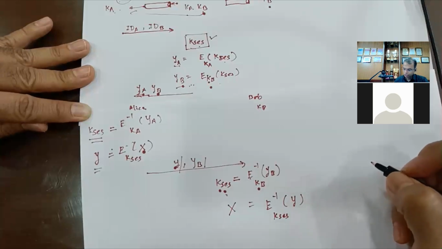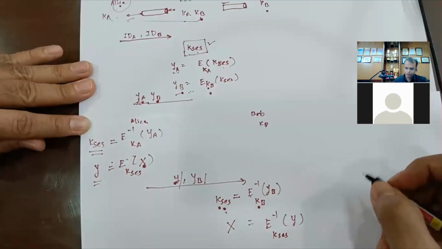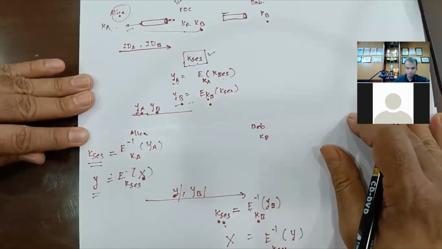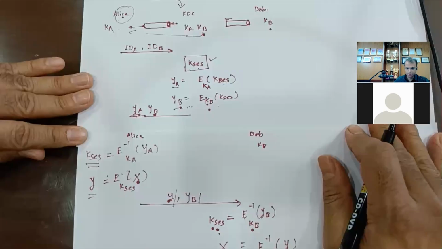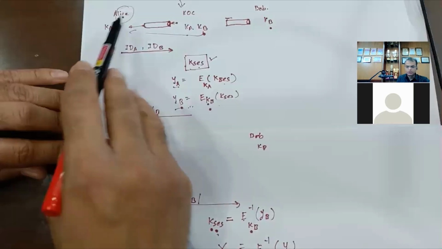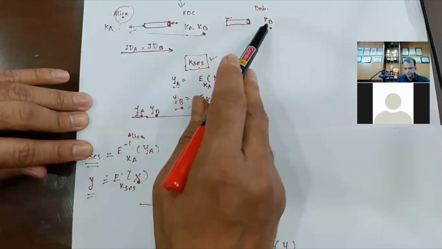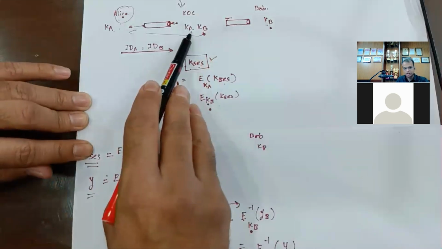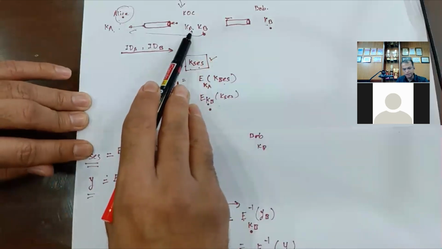Ultimately, let me give the complete picture. Alice and Bob are registering their keys with the central authority, the key distribution center.